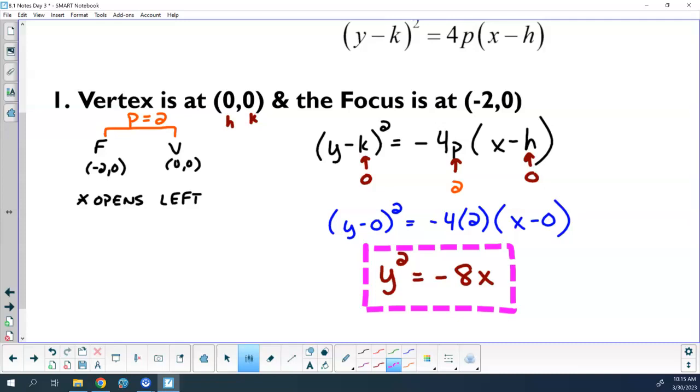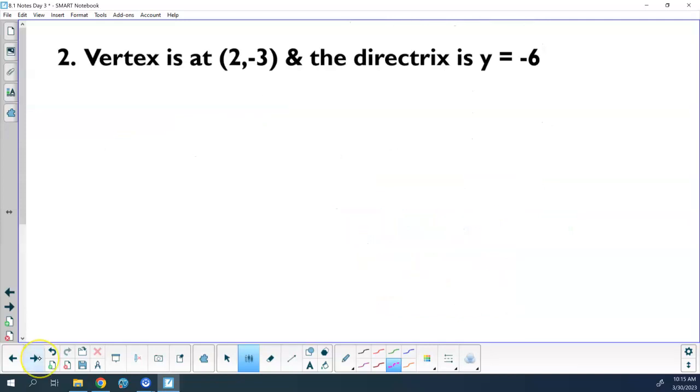Okay? Try that. So we got our vertex up here at 2 comma negative 3. Y equals negative 6. Is that a horizontal or a vertical line? Horizontal.